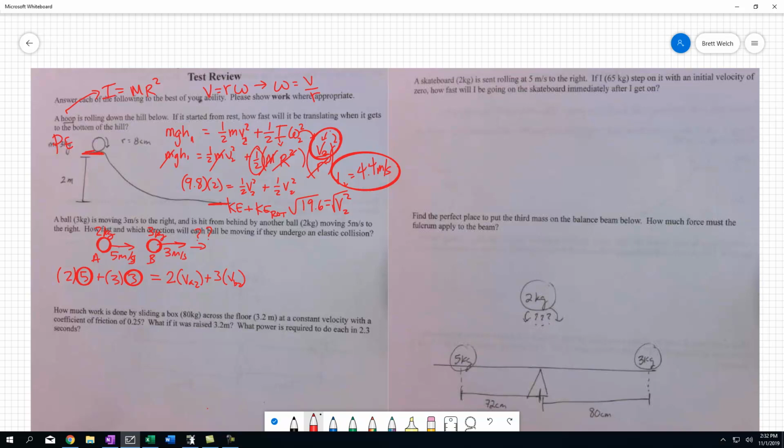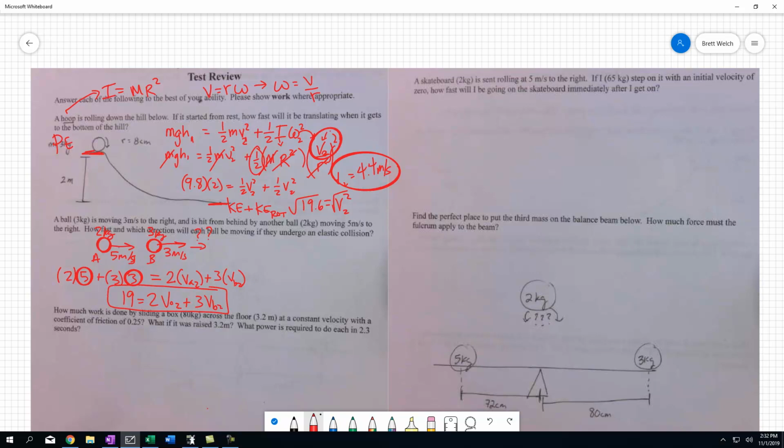Over here, 2 times 5 is 10, 3 times 3 is 9, so 19 equals 2 VA2 plus 3 VB2. That's not finished, but that is a big part of it.